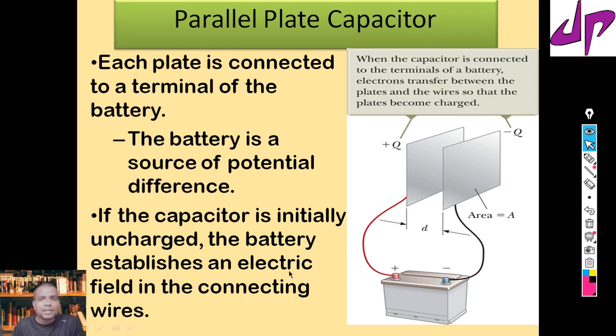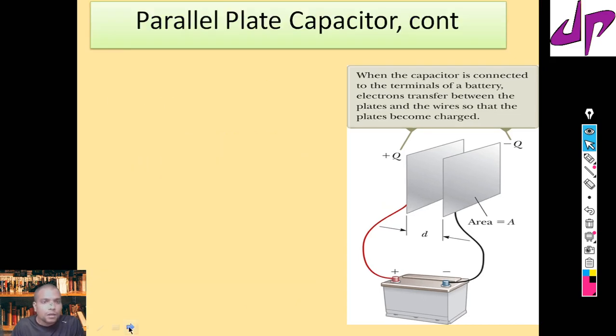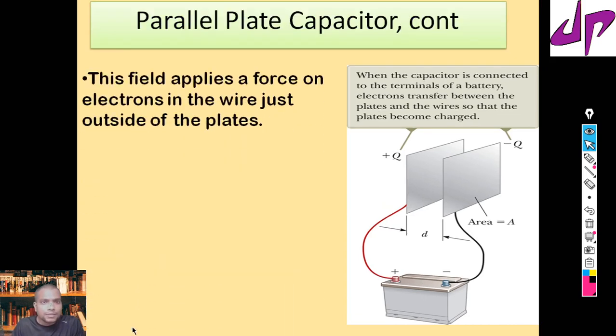The battery first establishes an electric field in the connecting wires, because the connecting wire is the only interconnection between the plate and the battery. After that, the field applies a force. The electric field caused by this battery applies a force on electrons in the wire just outside the plate.